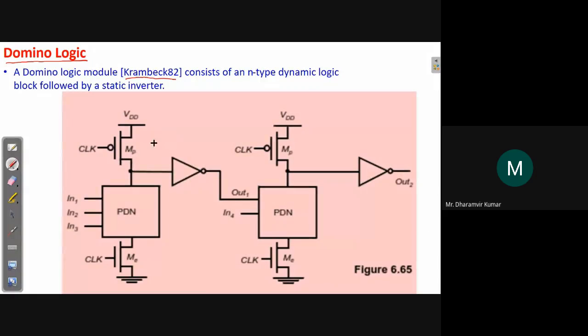So basically, domino logic will be this: the same PDN network, the same PMOS, the same NMOS. So in between PMOS and NMOS, we have the PDN network, and output is taken from here, right? And the only small change done here is that they have inserted one inverter between the first and second stage, or between every stage.